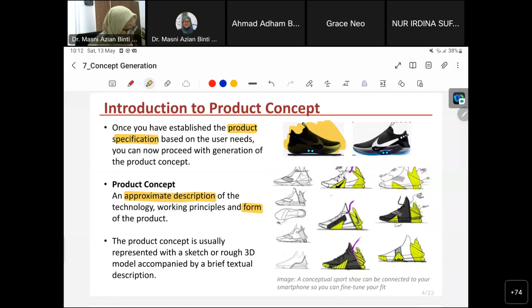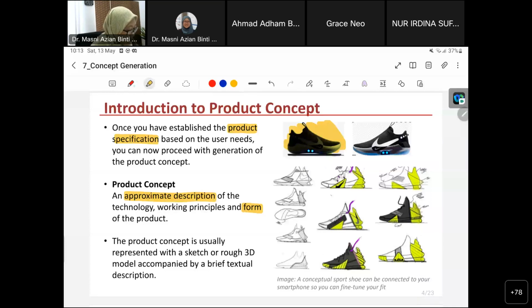So when you want to establish a new design concept, normally you don't just develop one idea only. Ideally, you generate as many concepts as possible because the more concepts you generate, the more likely you will find very interesting ideas. Sometimes ideas yang orang tak terfikir pun, but it will be a good idea for you to sell the product. So based on a very general idea, you got the product mission.